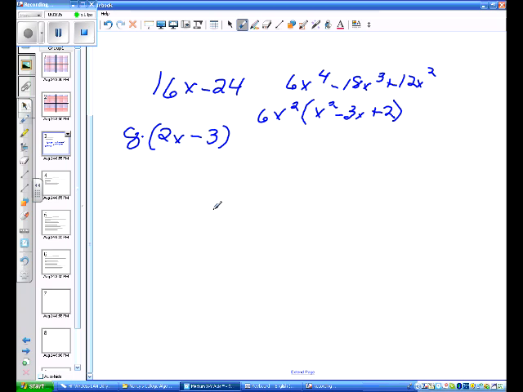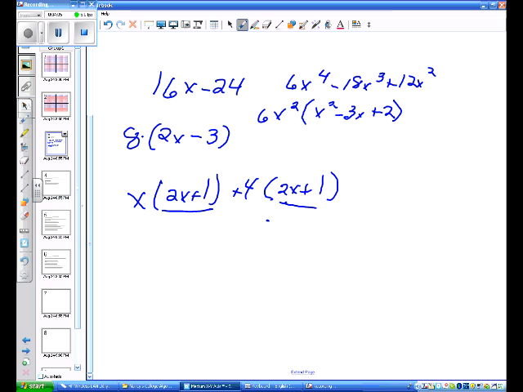This next one is going to look a little different. If we have x times 2x plus 1 plus 4 times 2x plus 1, in this case our greatest common factor is the 2x plus 1.